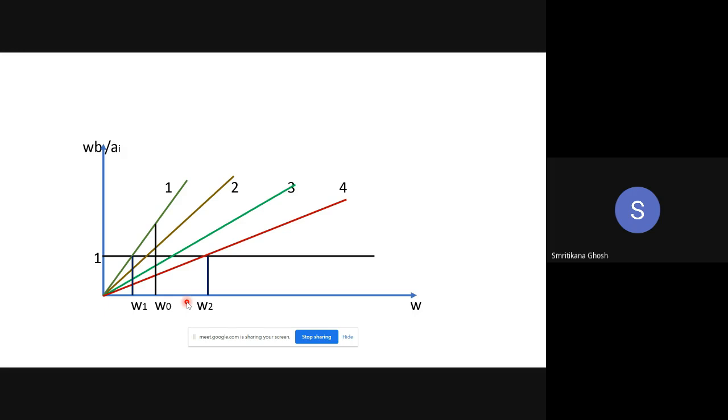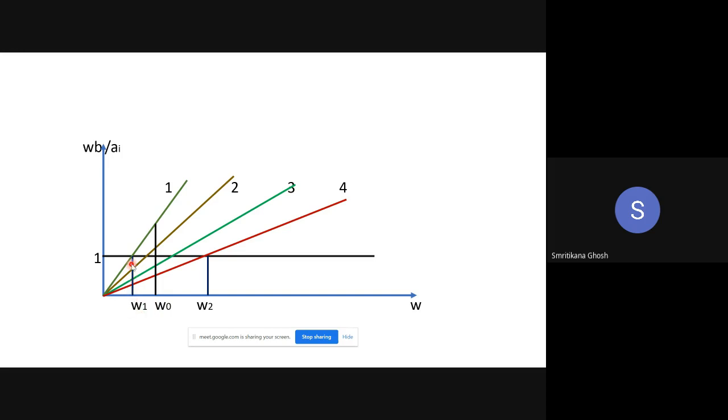Okay. Now I have explained everything with respect to W0. If the relative wage is W1, then what will happen? Look at the situation for W1.